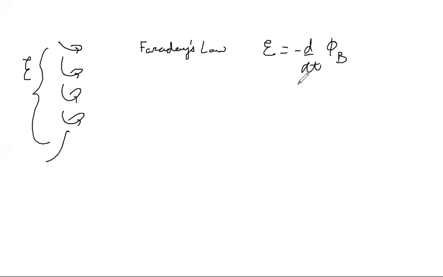If you think about it, we can use the chain rule and write this as minus d phi/dI times dI/dt. So we have a time-dependent current, which creates a time-dependent flux through itself, and writing it this way captures that.